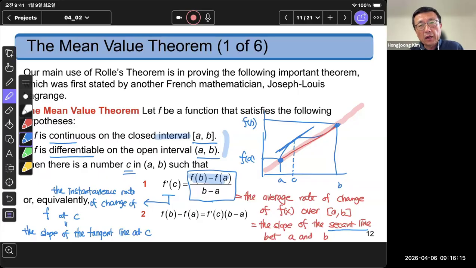If f of a and f of b are the same, then there is a point c such that f prime of c equals 0. So the Rolle theorem was a special case of the mean value theorem, right?